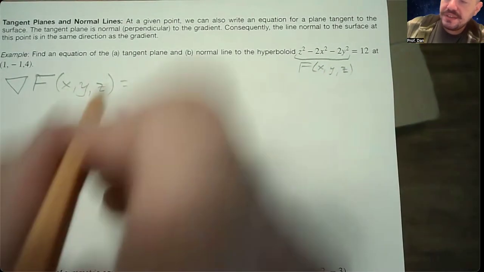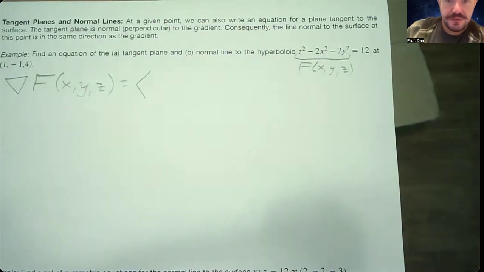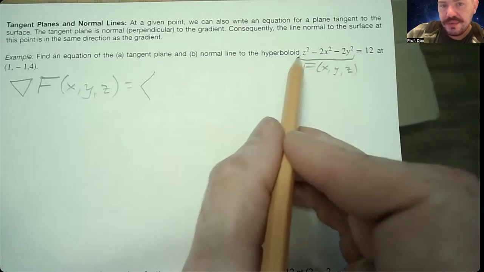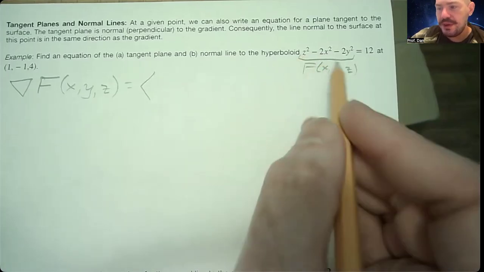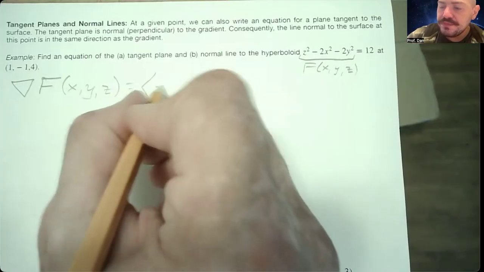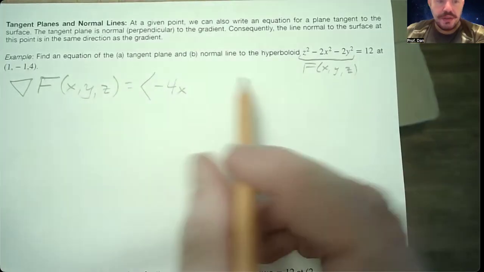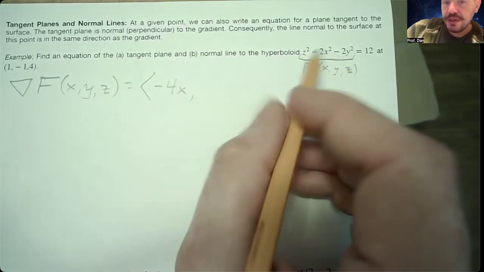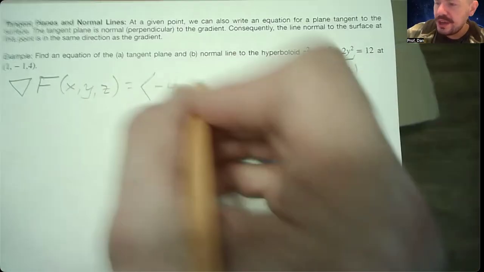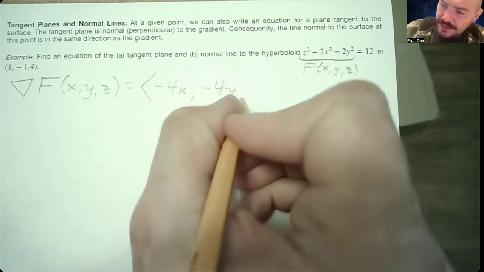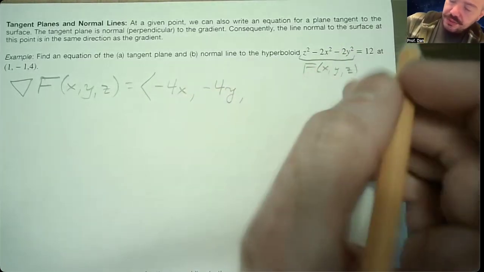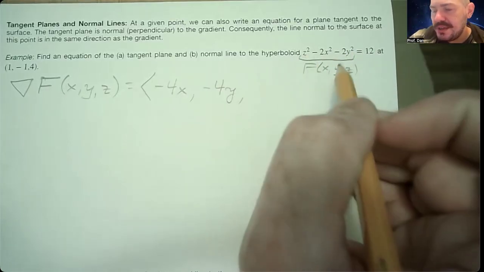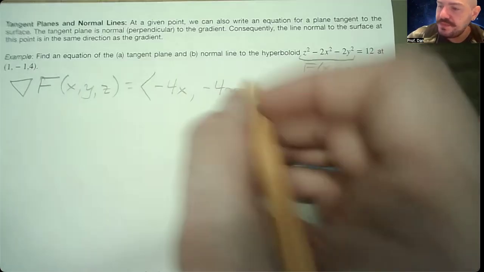So if I take the gradient of this, the result is a three-dimensional vector. The X component would be the partial with respect to X. So that's 0, minus 4X, and 0. Then the second component is the partial with respect to Y, 0, 0, minus 4Y. And then the third component is our Z component, the partial with respect to Z. So 2Z, 0, 0.